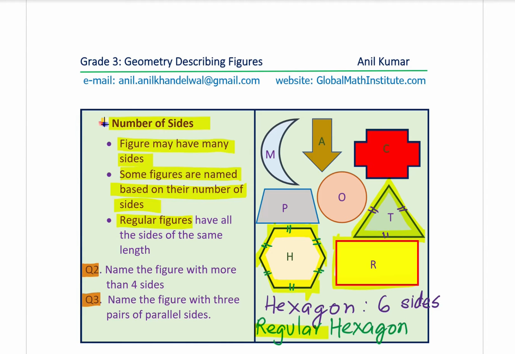So let's look into these figures. And so clearly we have figures like A with C, right? They have more than 4 sides, correct? And H. So these are the figures which have more than 4 sides. The next question here is, name the figures with 3 pairs of parallel sides.